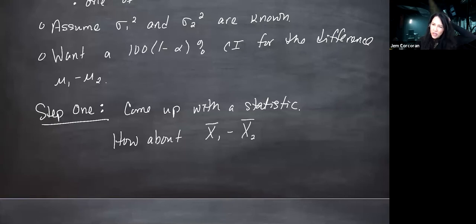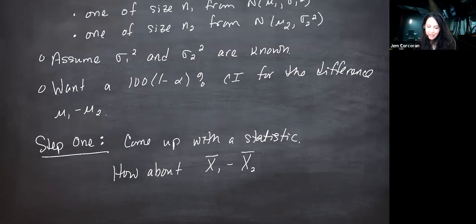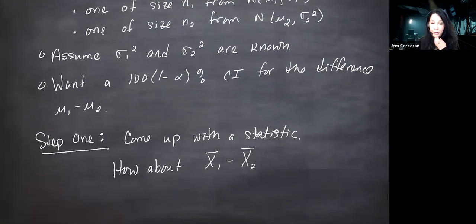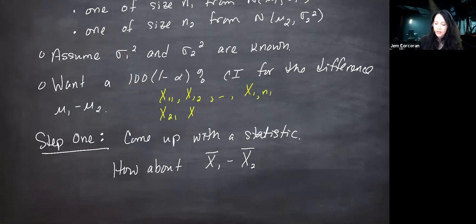I didn't really want to bring all the notation into this problem, but the first sample, I'm just going to write in the middle. I'm going to mess this up and then I'm going to erase it. The first sample you can maybe think of as x11, x12, out through x1, n1, and the second x21, x22, out through x2, n2.